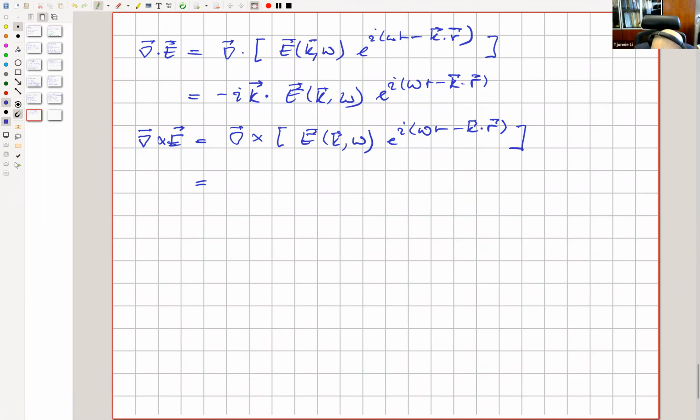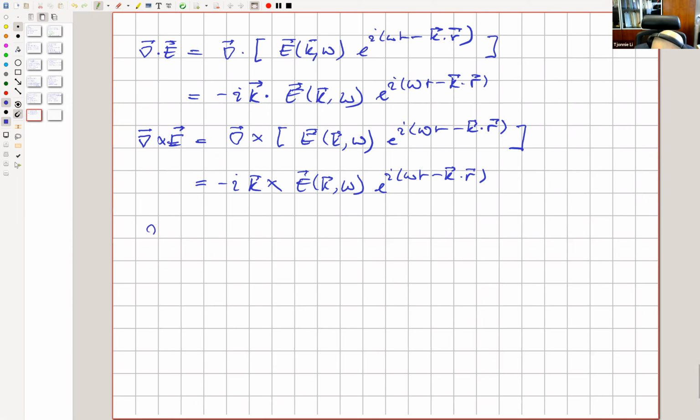And so here again I can just write minus i k, but now the cross product of k with E(ω) e^{iωt...}.